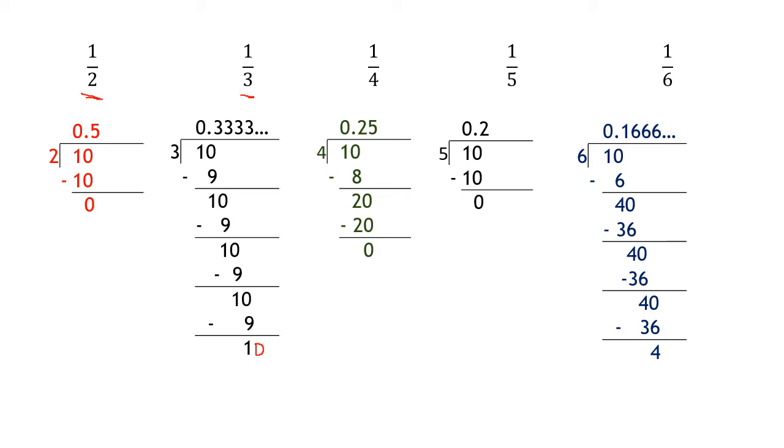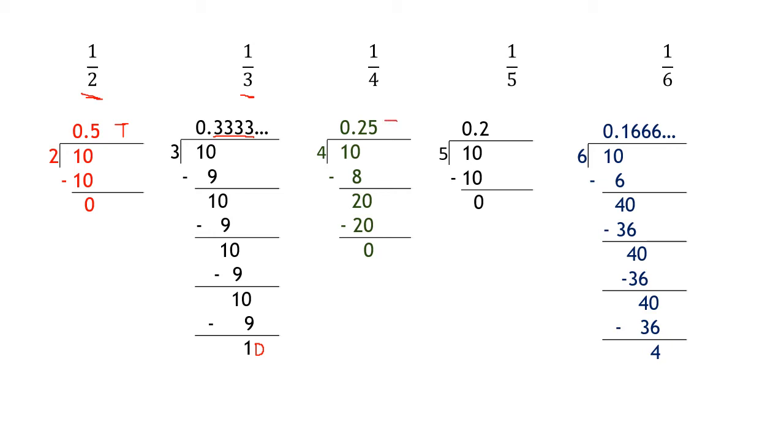This is not terminating, right? But it is recurring. This 333 is being repeated, so there is a pattern. So here it is terminated. 1 upon 2 is terminating. 1 upon 3 is not terminating but recurring. The number keeps on repeating.